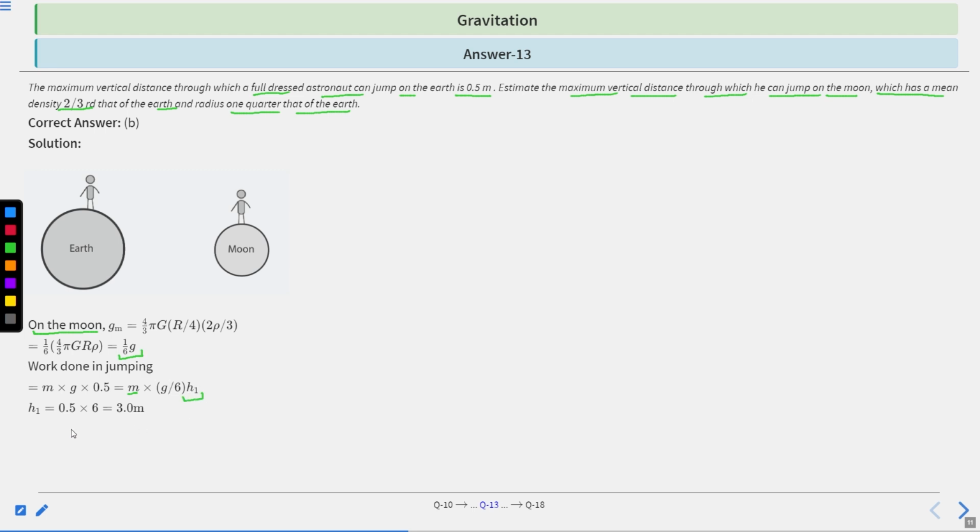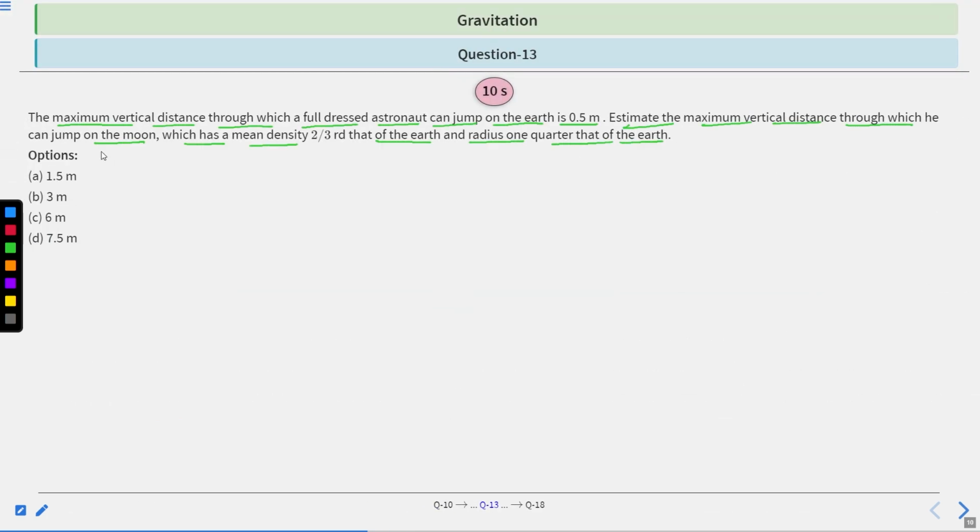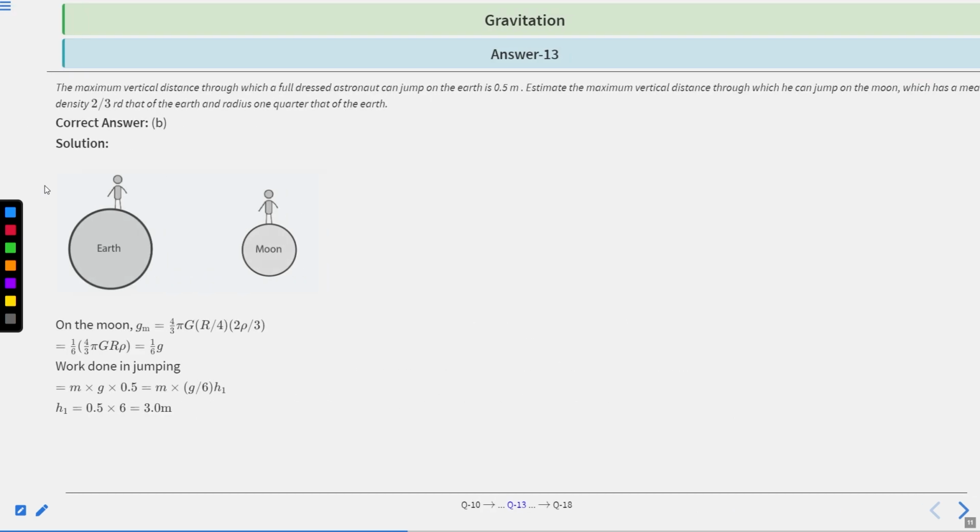In that case h1 is equal to 0.5 multiplied by 6, which is 3.0 meter. So 3 meter is the correct answer. Clear? Next question, question 14.